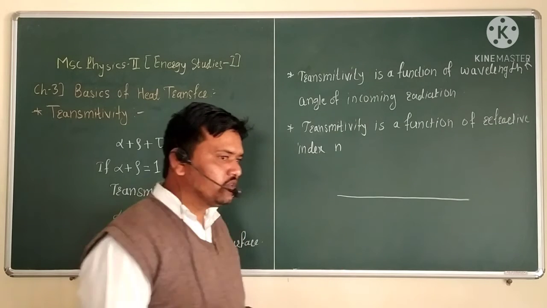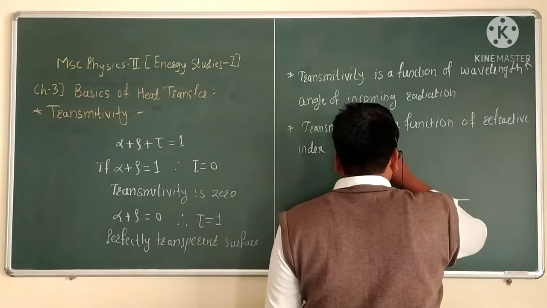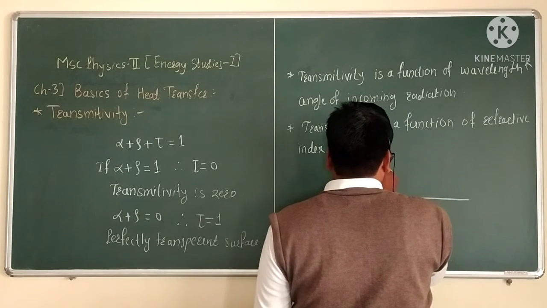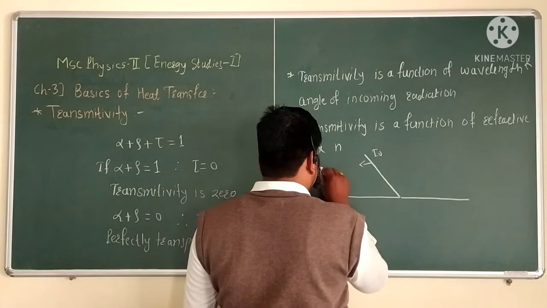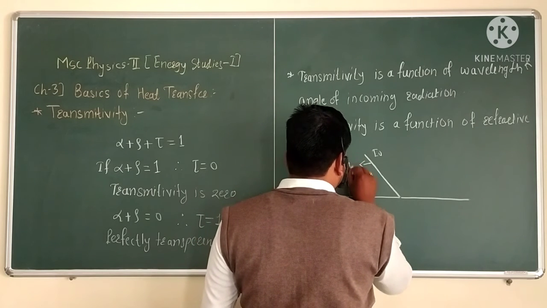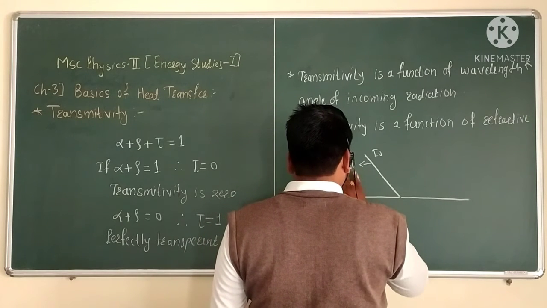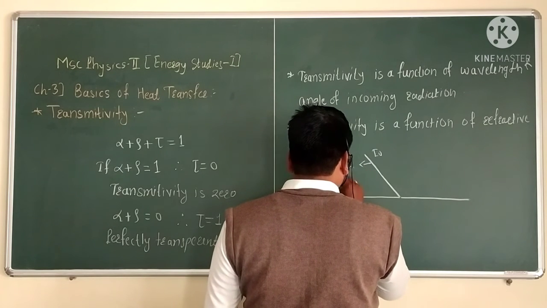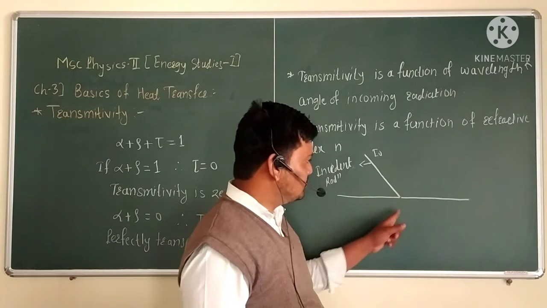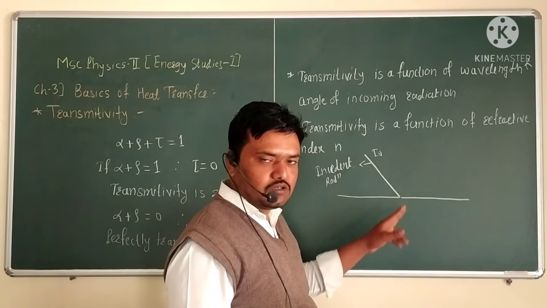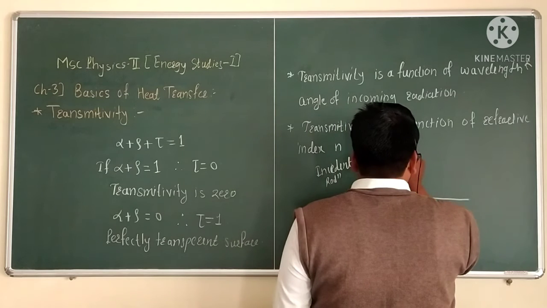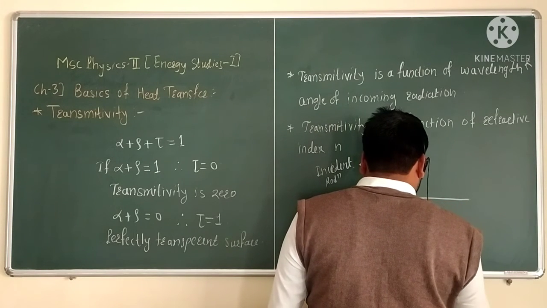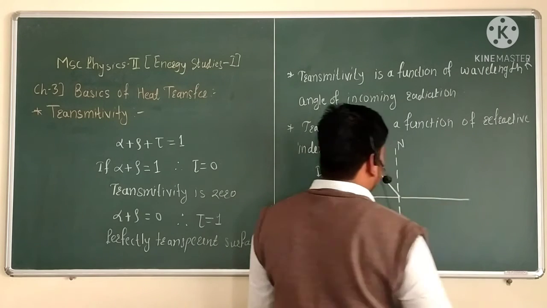Whatever the material, the incident radiation is considered as the intensity I naught. For the radiation incident on this surface, we have to draw a perpendicular, which is called the normal, denoted by n.